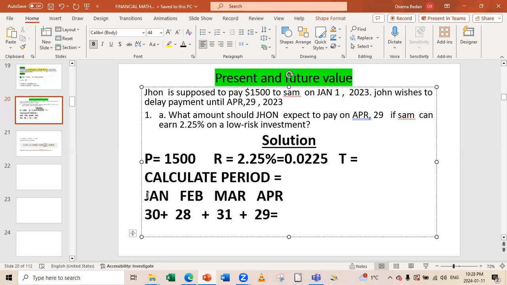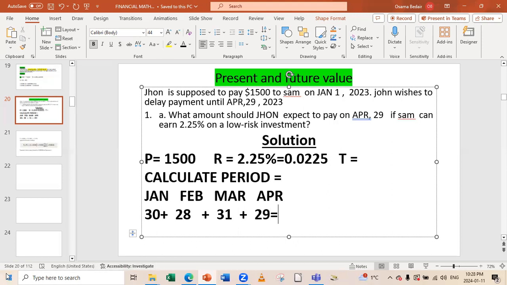The period goes from January to February to March to April, and the days are 30 days left in January, plus 28 days in February, because the year is 2023. The reason is that if we divide 2023 by 4, it gives us a number with a fraction. Then in April it is 29 days, since the end day is registered. So here this will be 58.